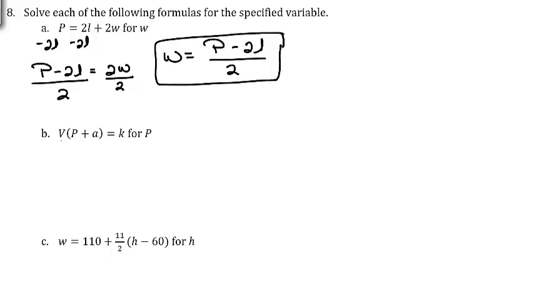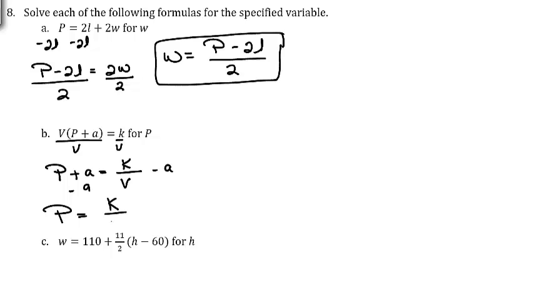So one thing that you could do, because you want to get this P alone, and you have V times this quantity, is that you could divide both sides by V. And that would give you P plus A is equal to K divided by V. And we're trying to solve for P, so the last step then would be to subtract A from both sides. So we would get P is equal to K divided by V, minus A. So that's one way that you could approach it.